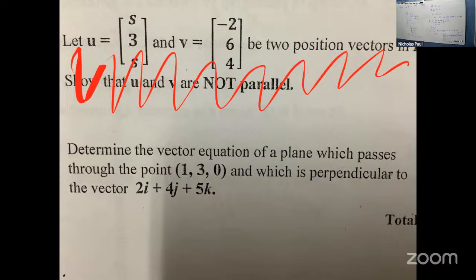And if you want to put perpendicular to, yeah. Right, pay attention to what they wanted. They wanted vector form.